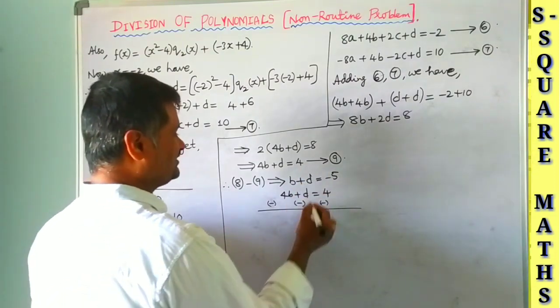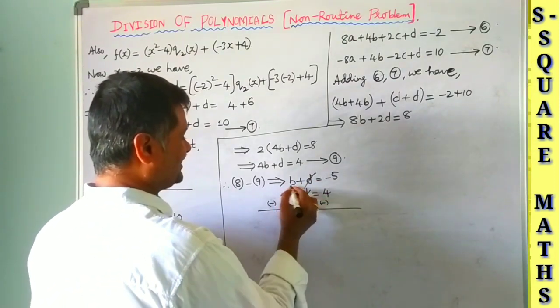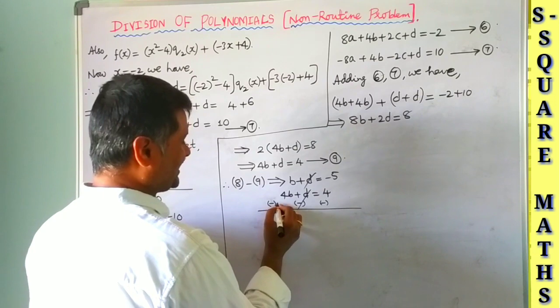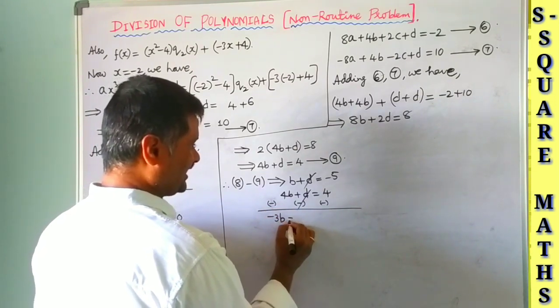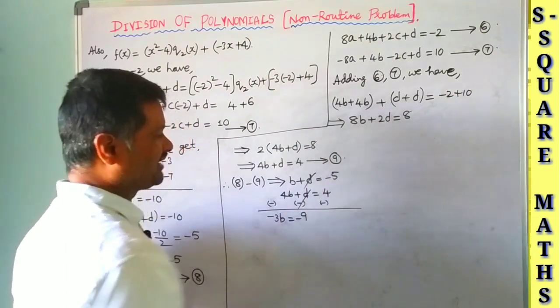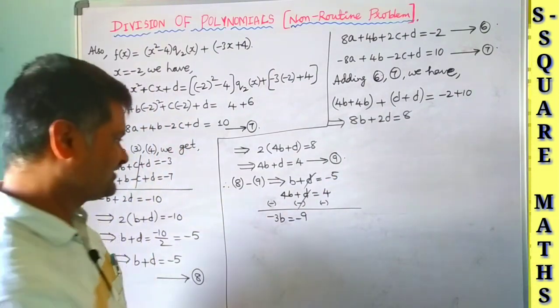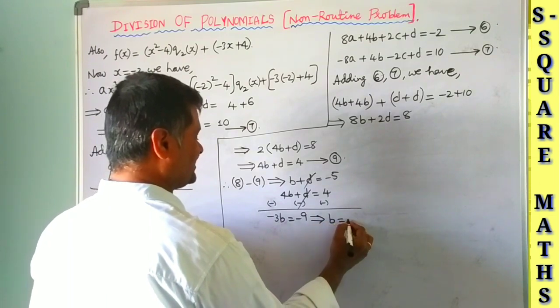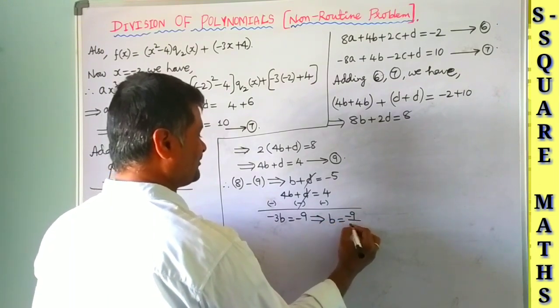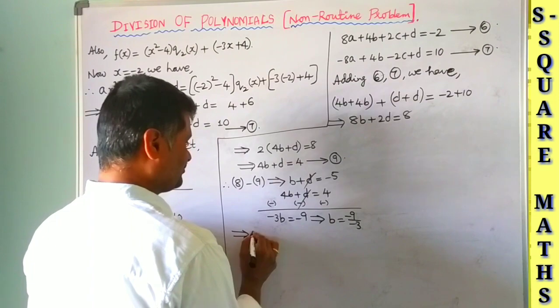So subtracting, d minus d is 0, and b minus 4b gives you minus 3b, and on the right minus 5 minus 4 gives you minus 9. This implies b is minus 9 by minus 3, so the value of b is 3.